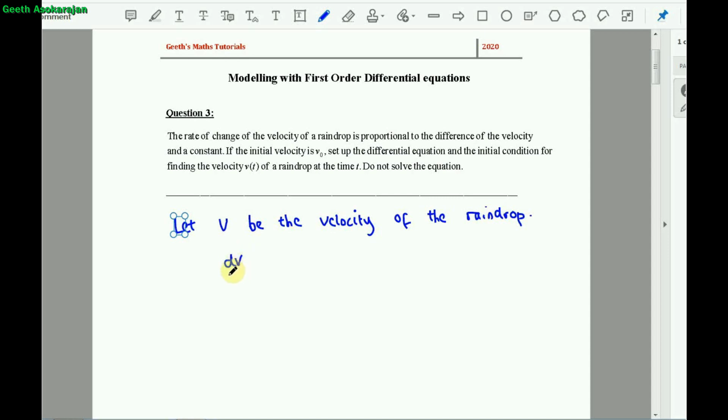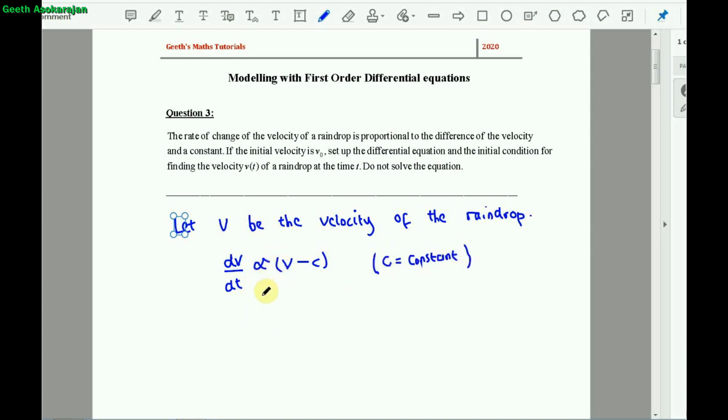So dv over dt in this case, so it's the rate of change of velocity, i.e. dv over dt, and that is proportional to the difference, so difference relates to minus, but this is the difference of the velocity, i.e. v, and a constant, so I'm going to take c to be our constant. So in the corner, c refers to our constant.